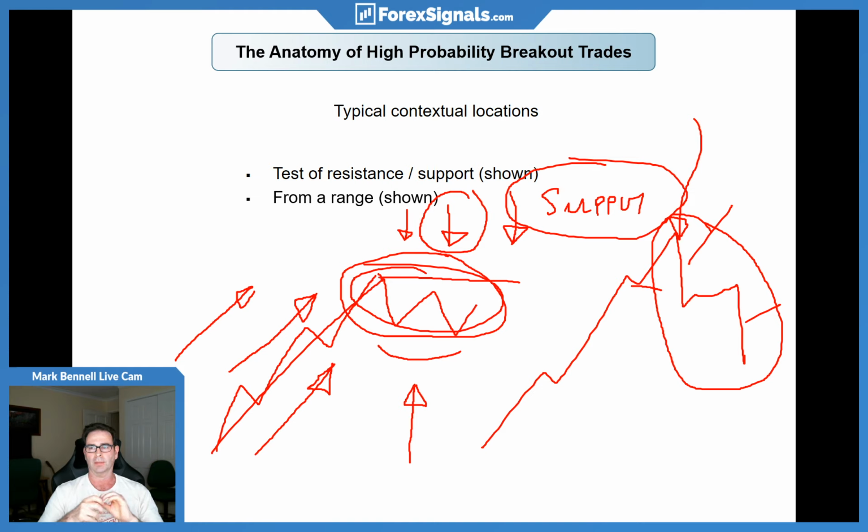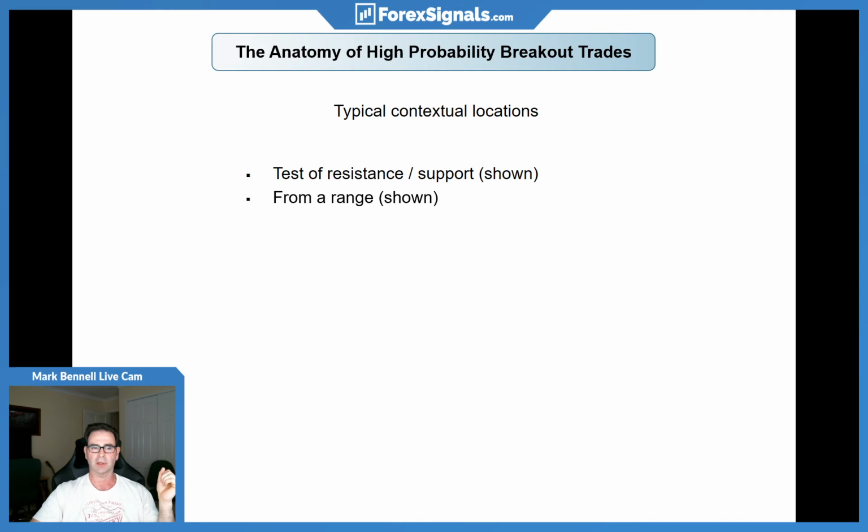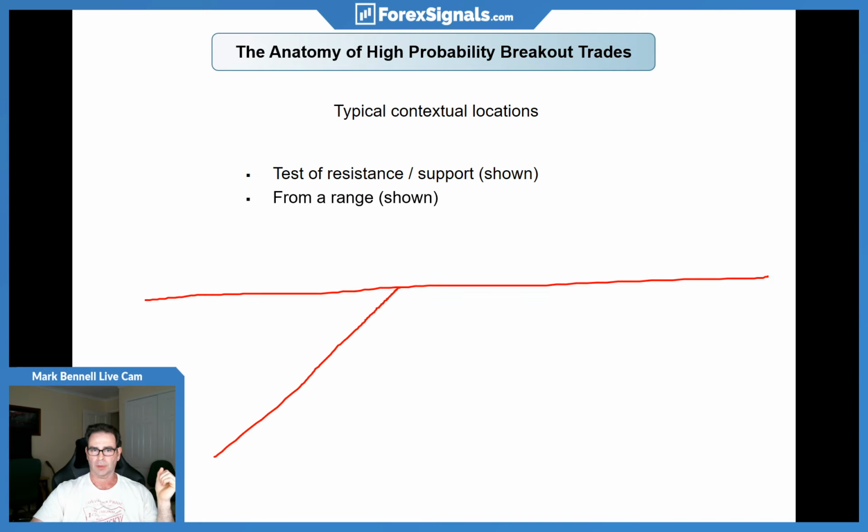All right? Who's winning the battle in these cases? Think of it that way. Don't think of it as patterns. Think of it more as who's winning the battle. We've got a level through here. Price is sitting here.